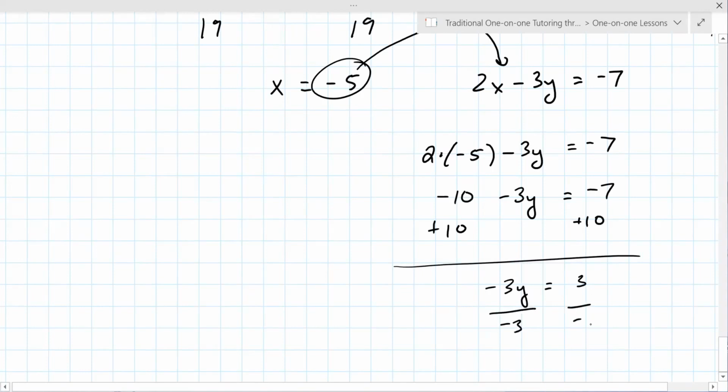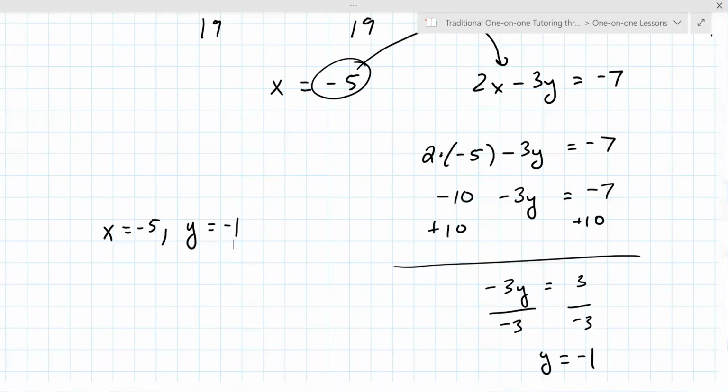Divide both sides by minus 3, and y equals minus 1. So your solution is x equals minus 5, y equals minus 1.